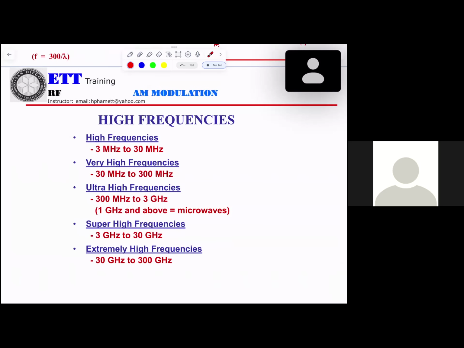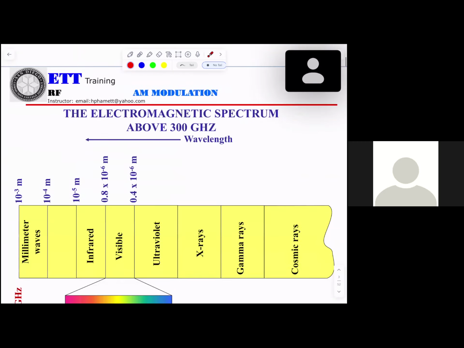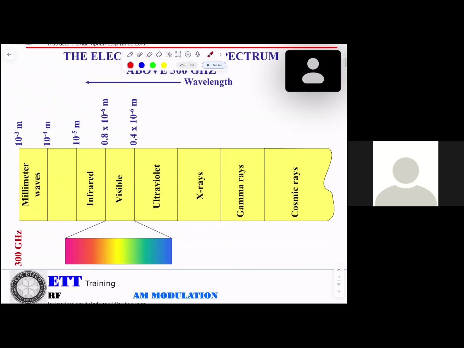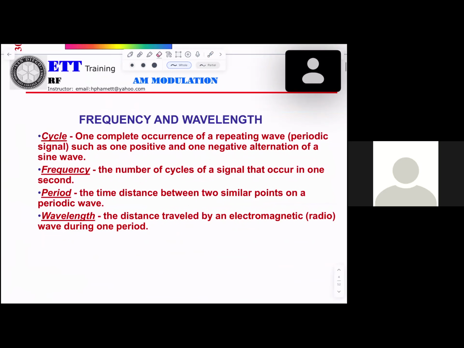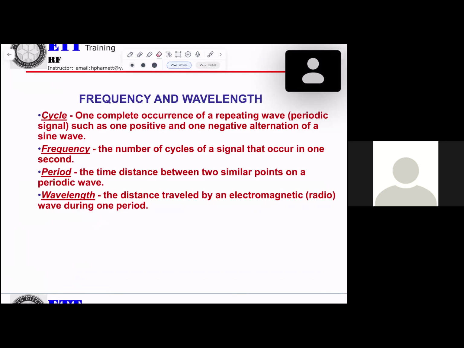In here, the high frequency is 3 megahertz to 30 megahertz, then very high, ultra high, super high, and extremely high frequency. So this also tells you which frequency is used for what. Now, this one you already know.